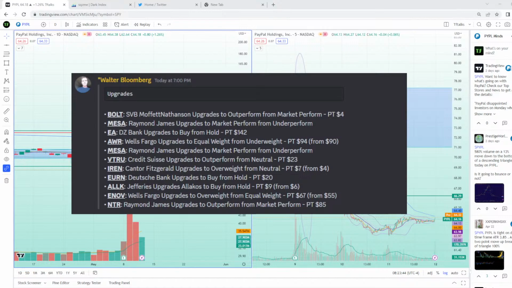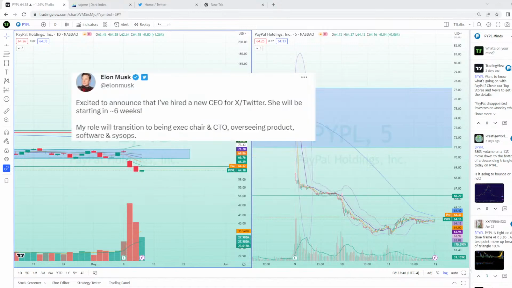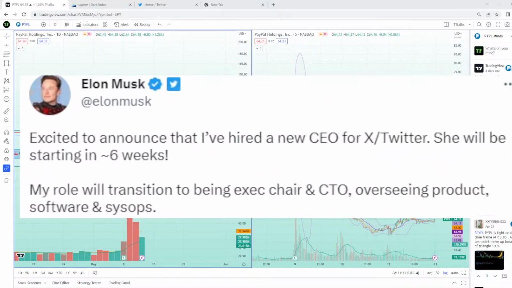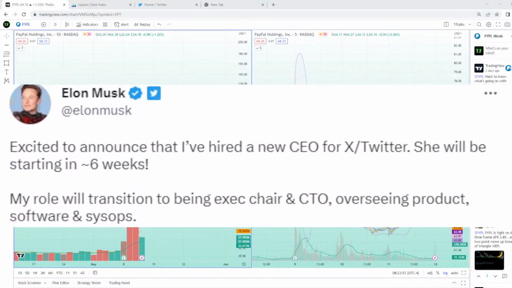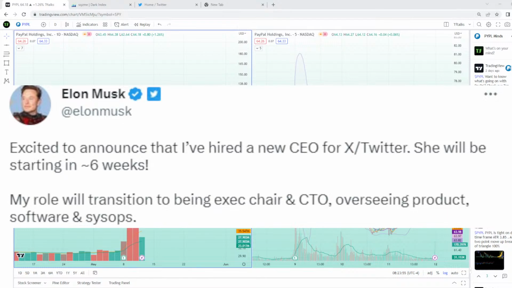Oh yeah, you guys know yesterday Elon Musk tweeted about 10 minutes before the market close, and he just said he is very excited to announce he just hired a new CEO for Twitter.